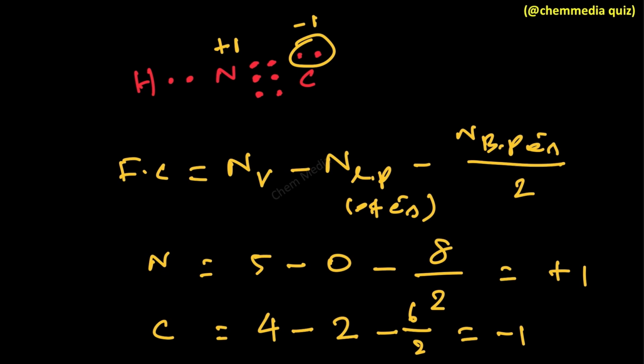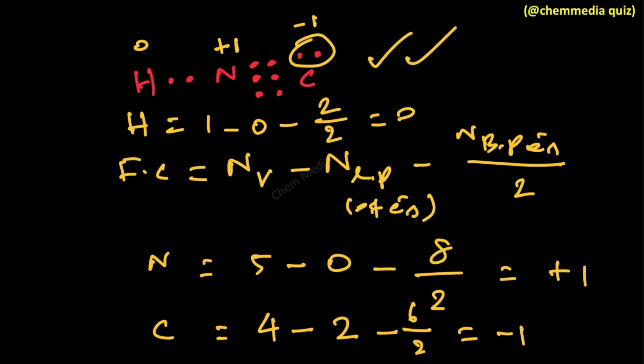So in this case, it is 0. If we calculate the formal charge for hydrogen, we will get 0, isn't it? Let's do that. For hydrogen, number of valence electrons in the atom is 1, minus we don't have any lone pairs, minus 1 bond is there, therefore 2 by 2, which means formal charge on hydrogen is 0. So if we sum up all the formal charges, we are getting 0. So therefore this is indeed the best Lewis structure.